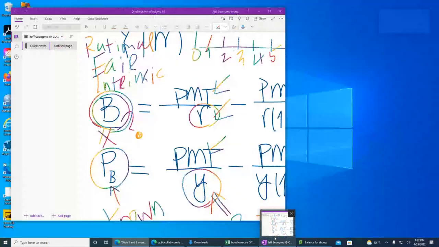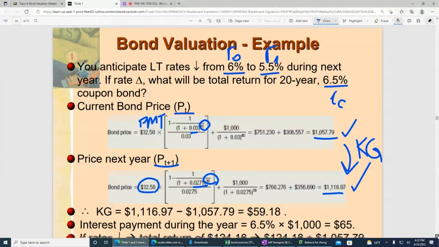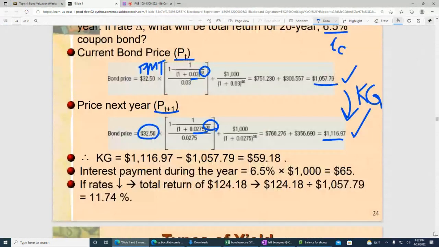So there will be a capital gain during the 1 year period. Capital gain of $59. And then you have interest payment of $65 between now and the beginning of next year.